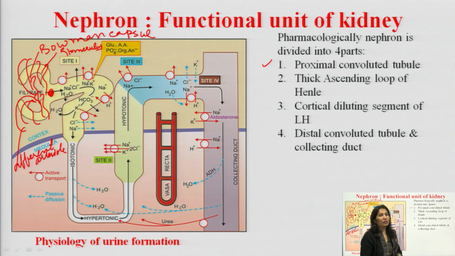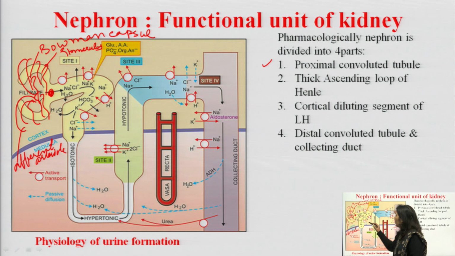All soluble constituents except plasma proteins and lipids get filtered. The filtrate contains glucose, amino acids, and electrolytes: sodium, potassium, chloride. All of this filtrate comes into the renal tubule.